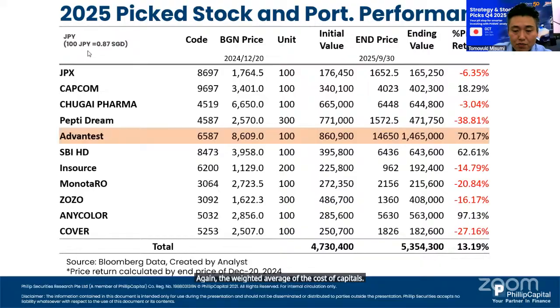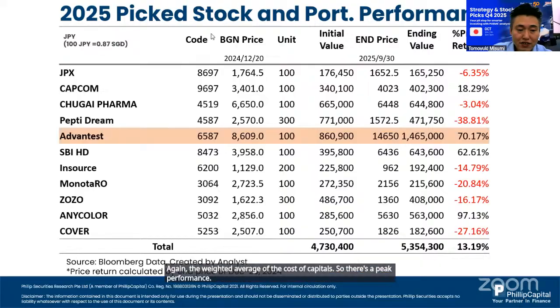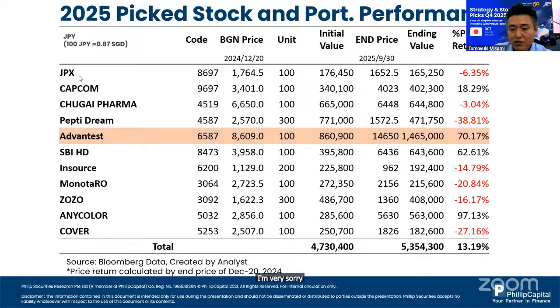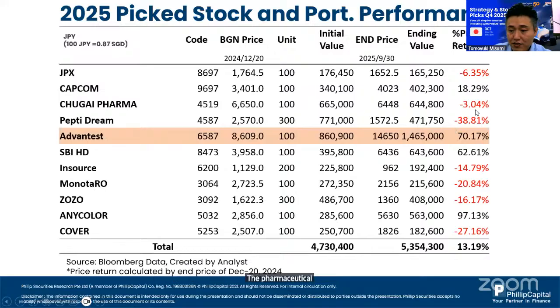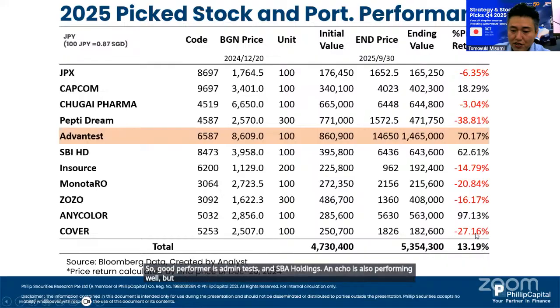So, the stock pick performance. I'm very sorry that most of the picked stocks are underperforming. There's a pharmaceutical firm, Tracking, and JPX is not good. The good performers are Advantest and SBI Holdings, and Anchor is also performing well, but Cover is not performing well, even depreciating too much.